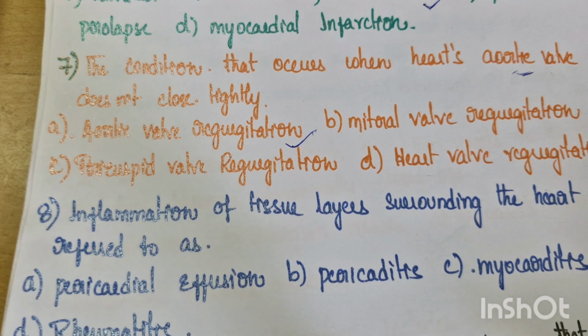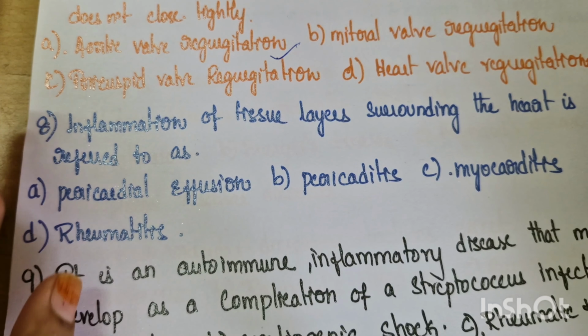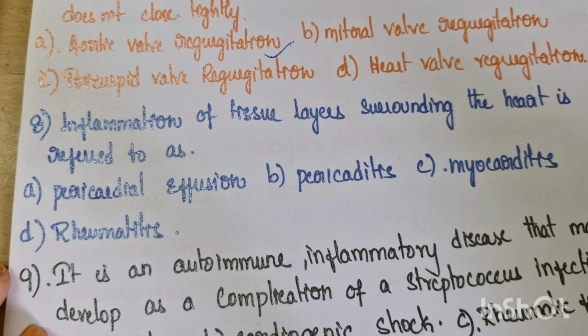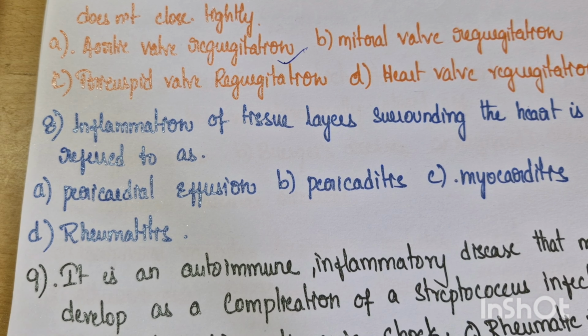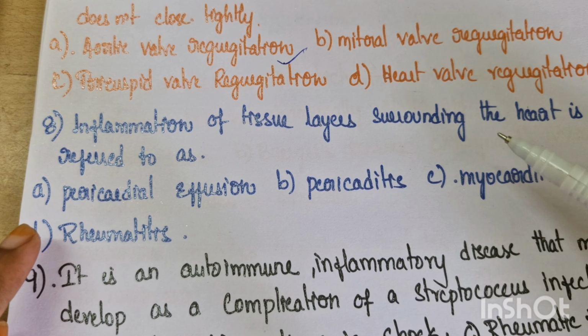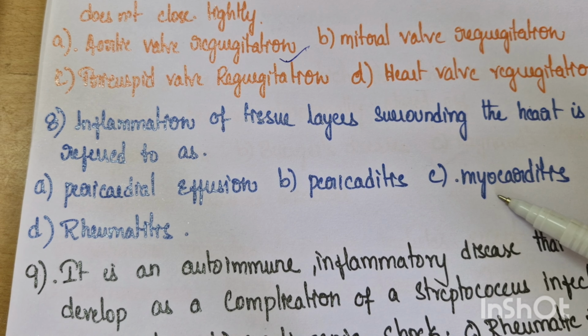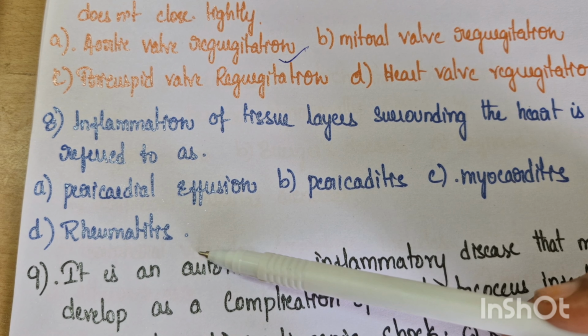Then we will see the next point: inflammation of the tissue layers surrounding the heart is referred to as. If there is inflammation of the layers surrounding the heart, what is that condition called? They have given pericardial effusion, B pericarditis, C myocarditis and D rheumatitis.